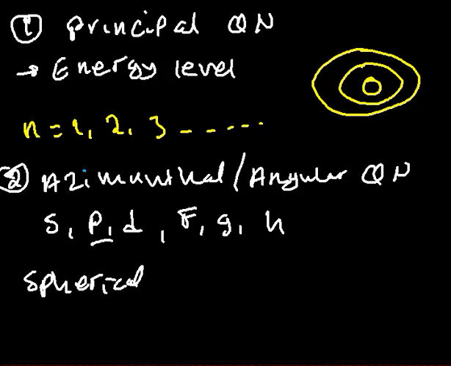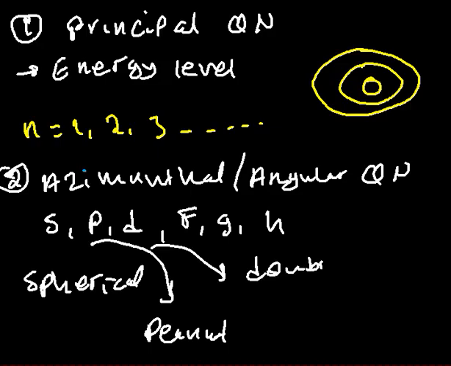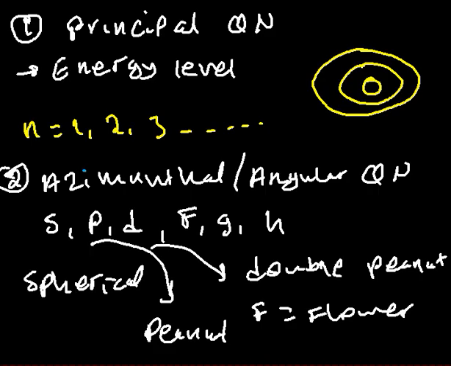The P subshell has a peanut shape. How about the D subshell? The D subshell has a double peanut shape. And the F orbital has a flower shape. That's how you start to understand the shapes of the subshells.